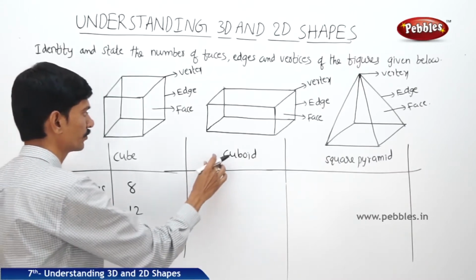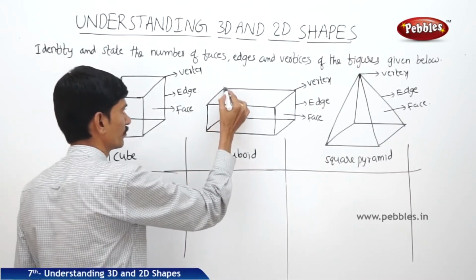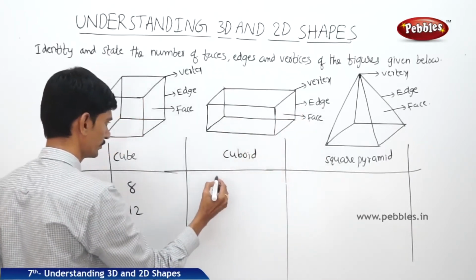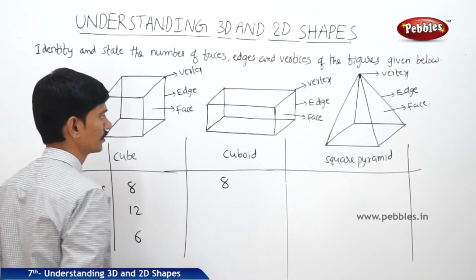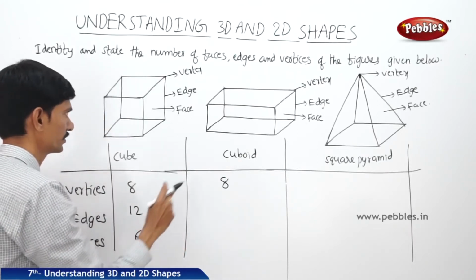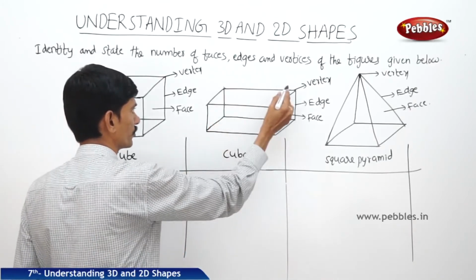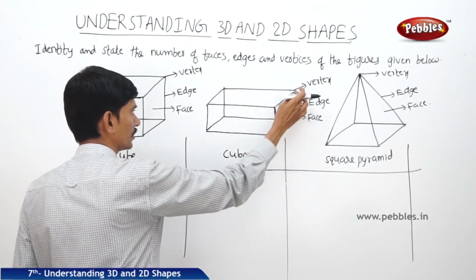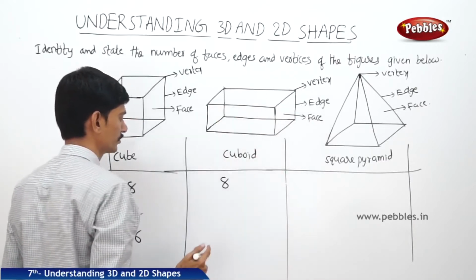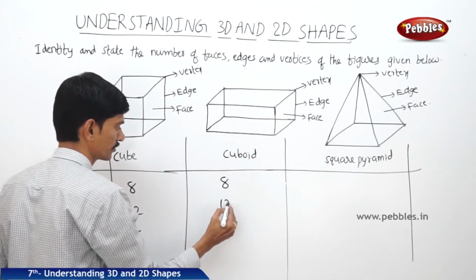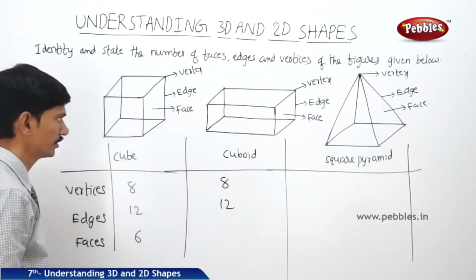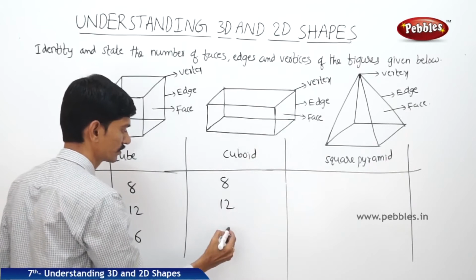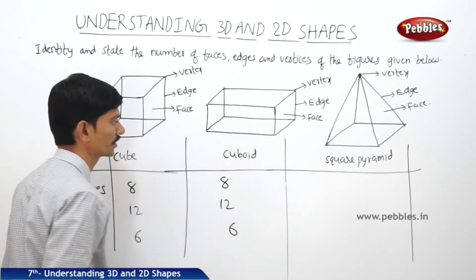Now in case of cuboid also, the vertices 1, 2, 3, 4, 5, 6, 7, 8 vertices, and the edges, top 4, bottom 4, 4 plus 4, 8, and the lateral edges also 4, so 12 edges, and the faces, 4 lateral faces, and the top and bottom, so total 6 faces.